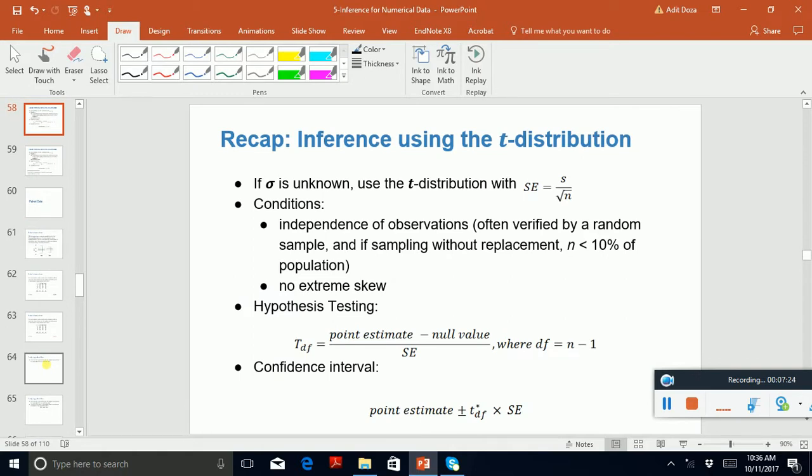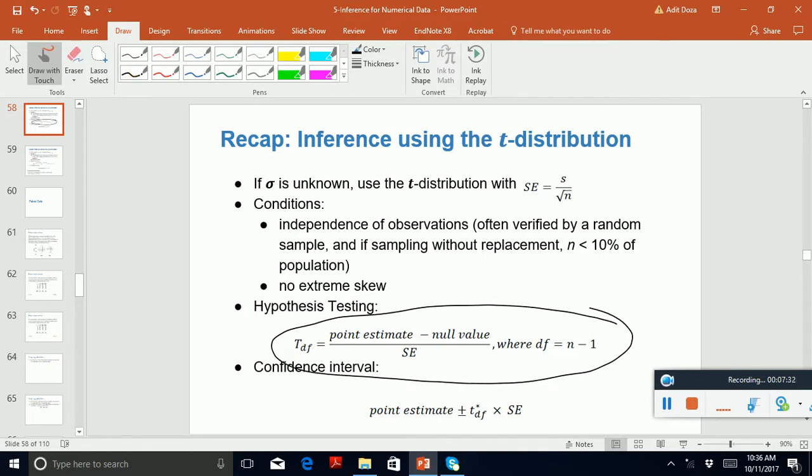This is the formula for testing the hypothesis: point estimate minus the null value. What's the null value? That there is no difference, right?